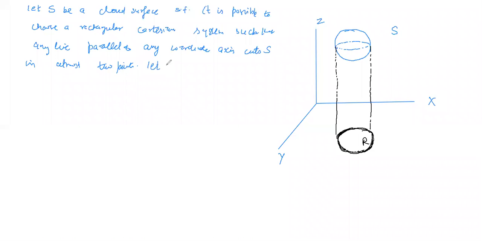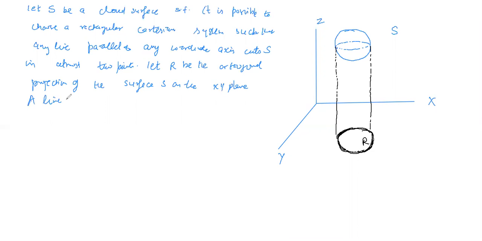Now let us suppose that R is the orthogonal projection of the surface S on the xy plane. So R is the orthogonal projection of the surface S on the xy plane.